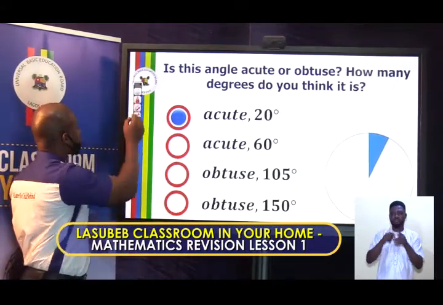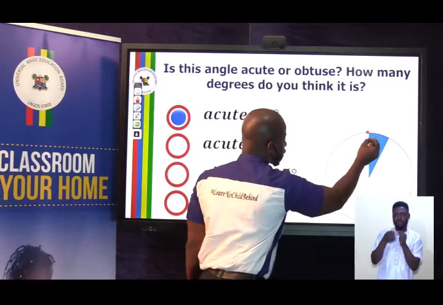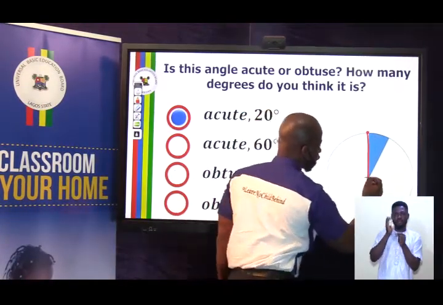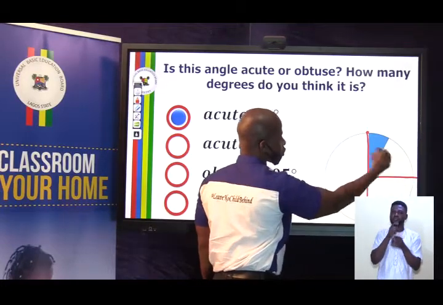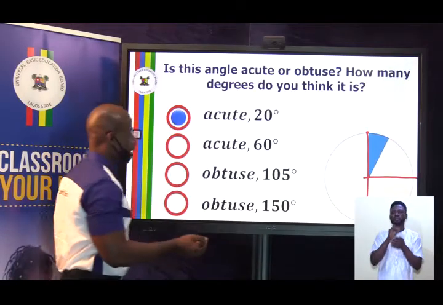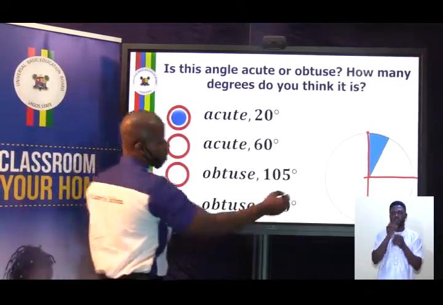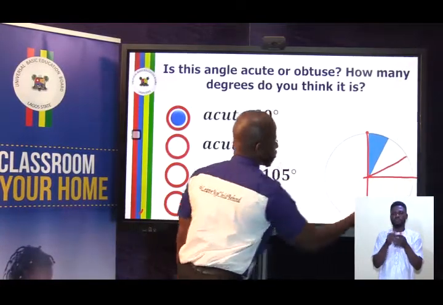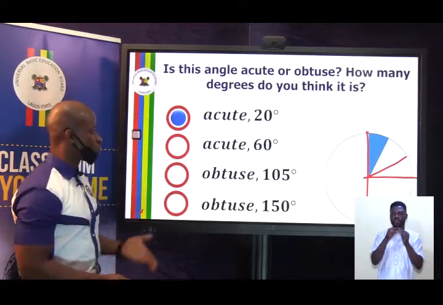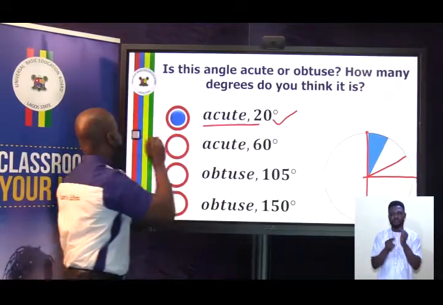Because if we're starting from here, then 180 should be straight, 90 should be half of that, and this has not even gotten to half of 90, so it's anywhere between 20 and 35. So it's an acute angle, and 20 degrees is the closest to it. 60 degrees would be somewhere around here, you know. So 20 degrees is the closest thing to it. So this is the correct answer, my friend.